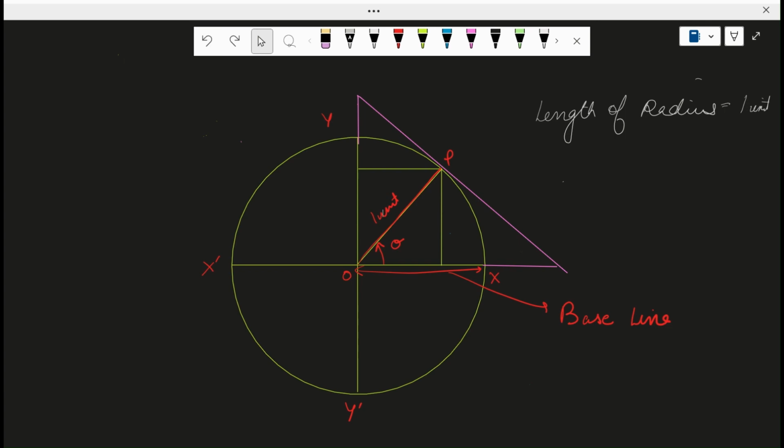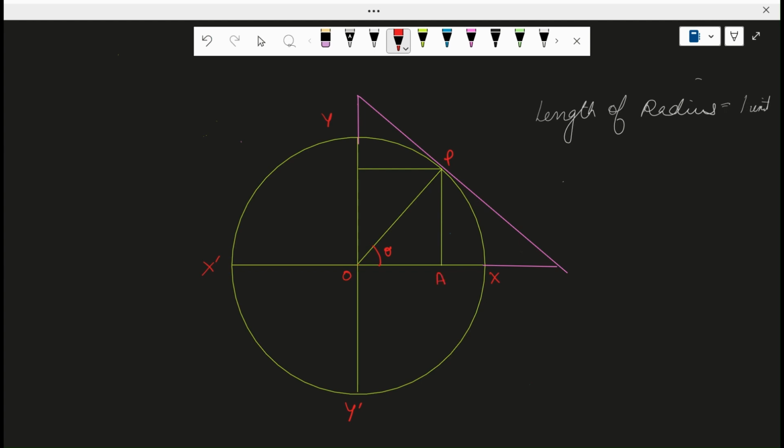What I have done, we took this as angle theta.